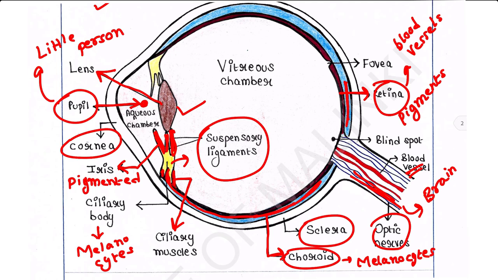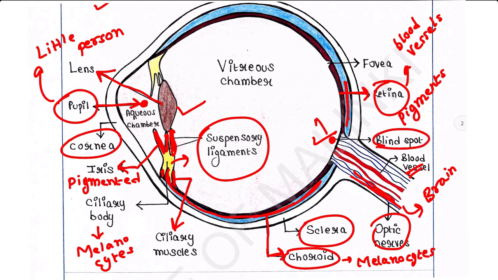Now, here is one spot where optic nerves leave and blood vessels enter the eye. In this spot, no photoreceptor cells are present. So, this spot is called the blind spot.